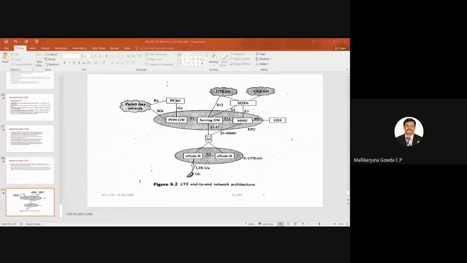Another student has told about it. Can you just say one function of another network element? Can you say about MME? Can you tell the functionality of MME? At least tell the expansion of MME?